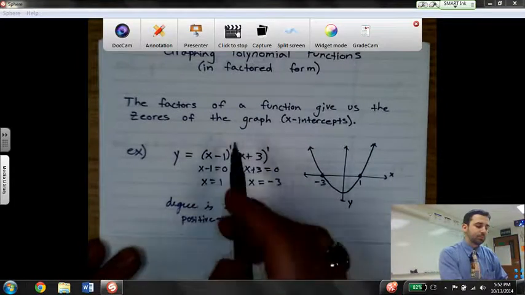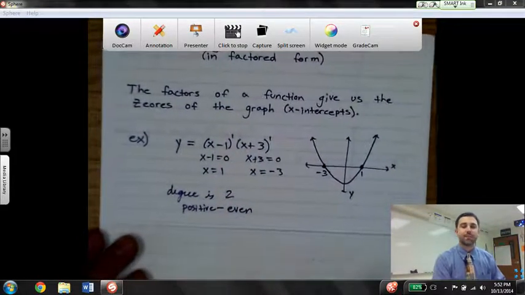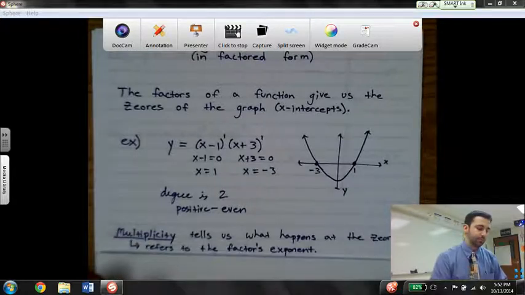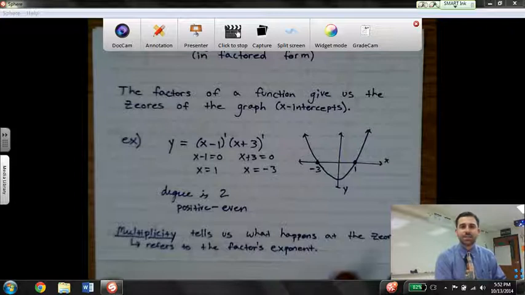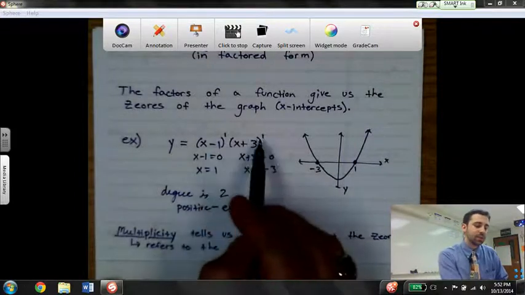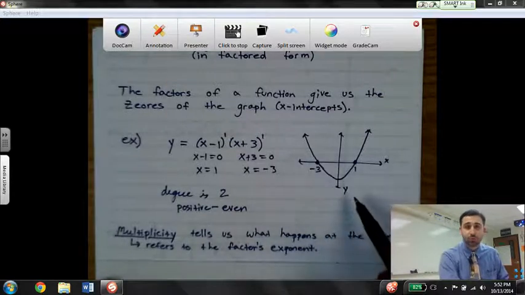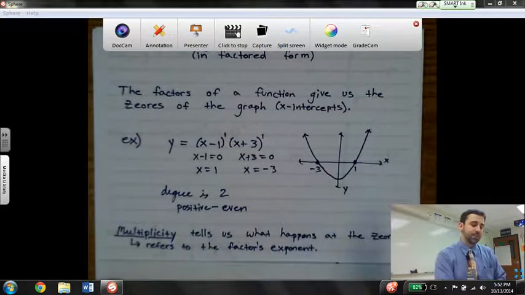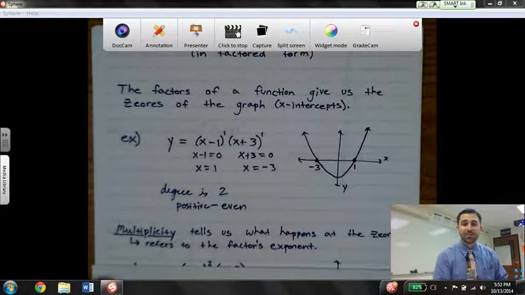Now, these exponents here are referred to as the multiplicity of the root. And multiplicity tells us what exactly happens at the zeros. So here, since my multiplicity was 1 for each of these factors, it told me that I was going to cross through the roots -3 and 1. Once again, the multiplicity refers to the factor's exponent.